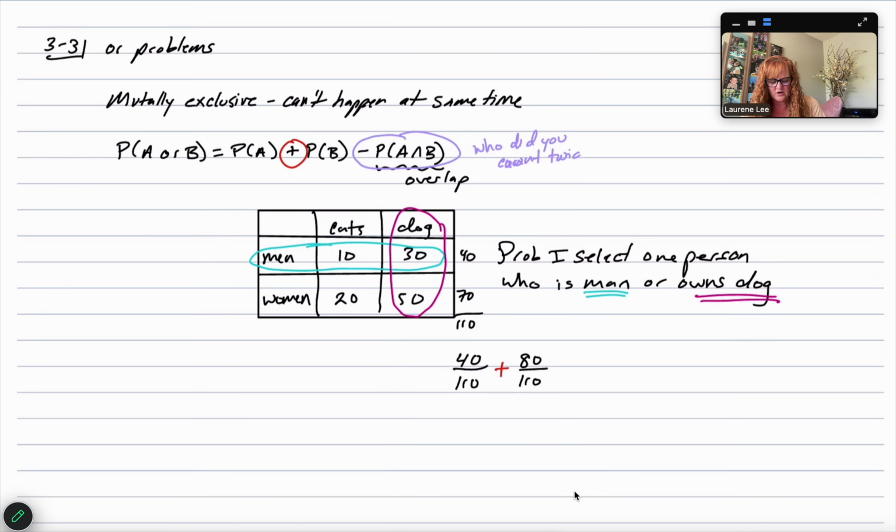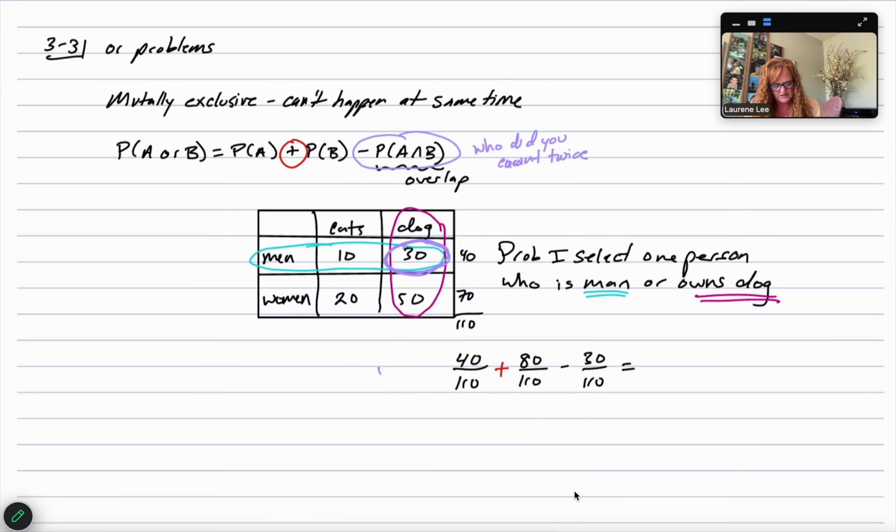And if you're taking your chart and you're circling like I've been doing, it'll be where your circles overlap. So I'm going to take a look at this chart, and I've got 30 people right here who are dog owners and also men. So I'm going to subtract off 30 over 110, and that's going to give you your probability.